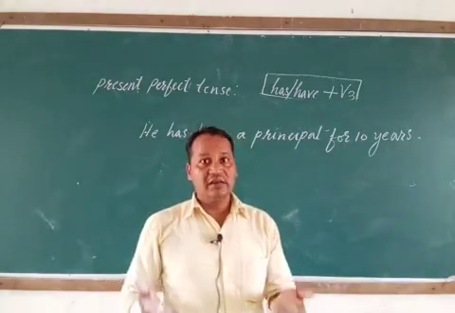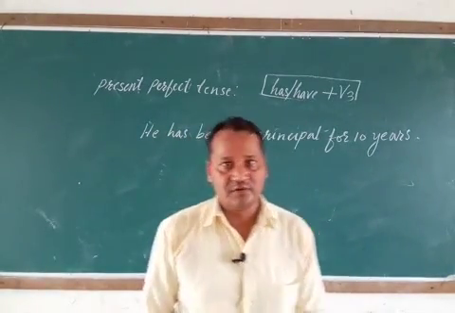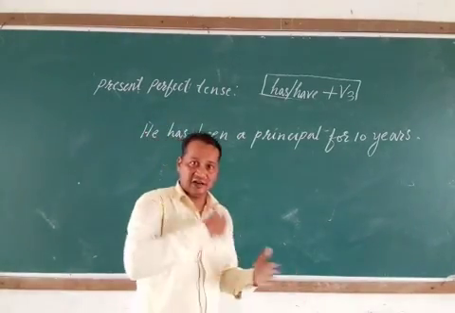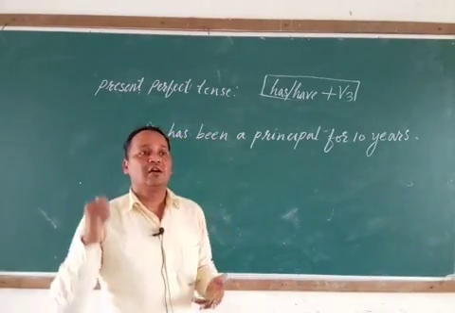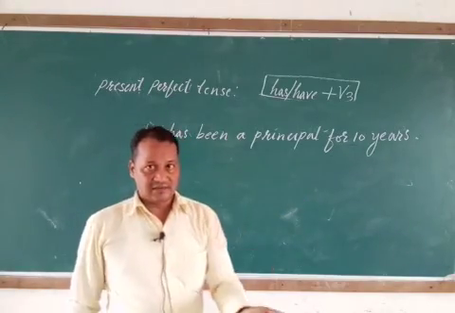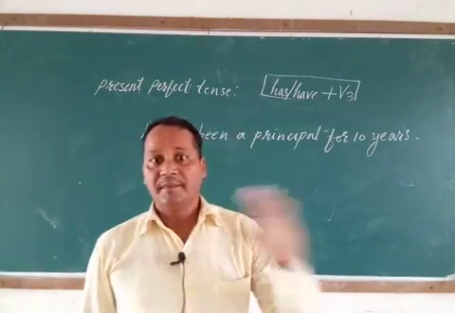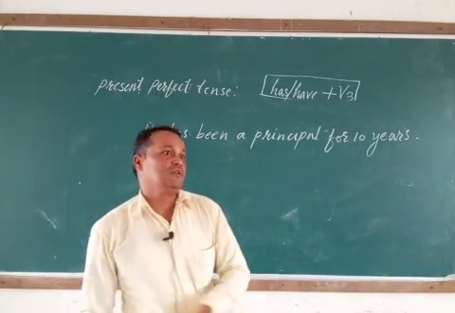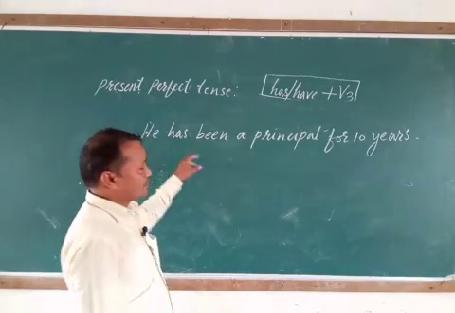Now still he is working as a principal. Means the work started in the past and now it is still continuing. So if the action or incident started in the past and is still going on, then we will express it in present perfect tense.